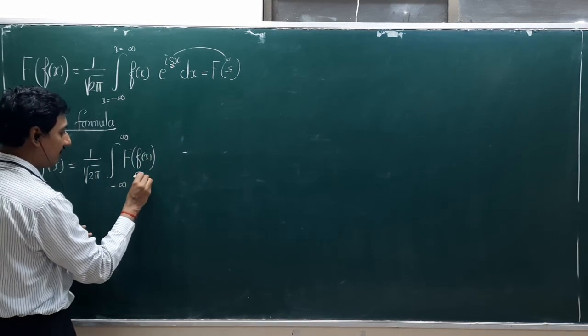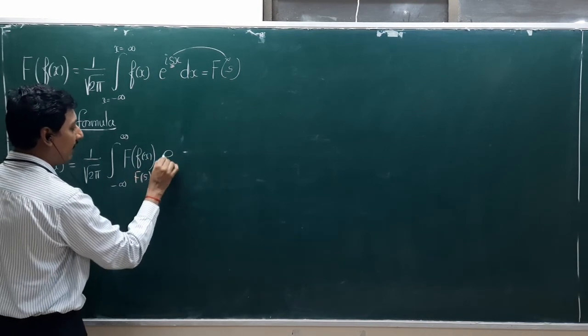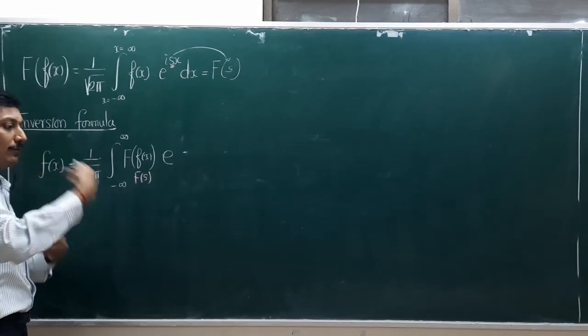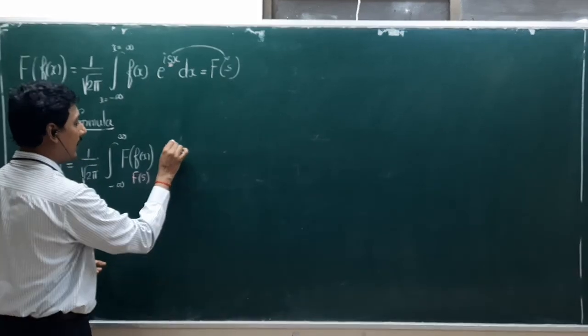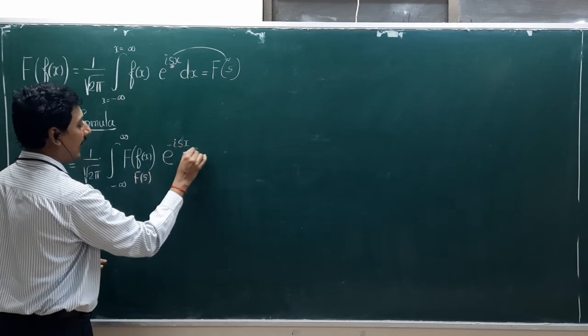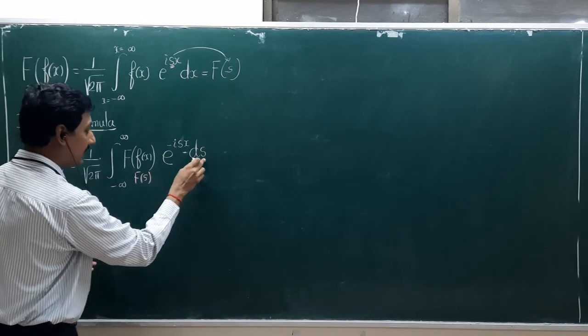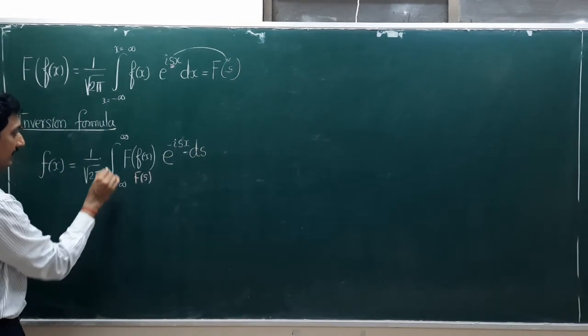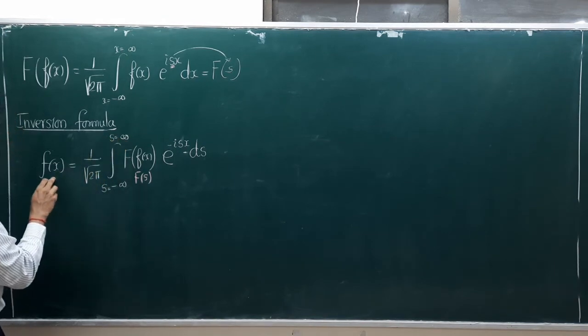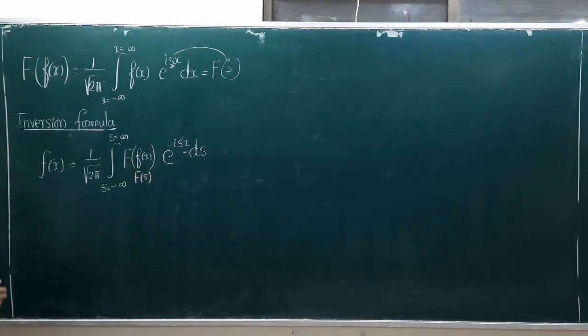It is in terms of F(s) only, and e power i becomes 1 by i, which is minus i, so e to the power minus i s x. We integrate with respect to s, because s is the input variable, so the outcome is x.